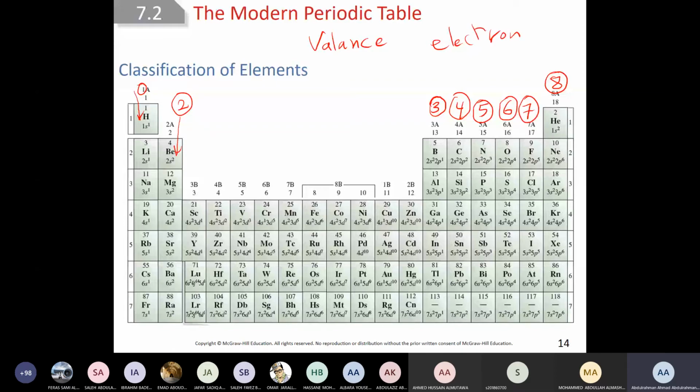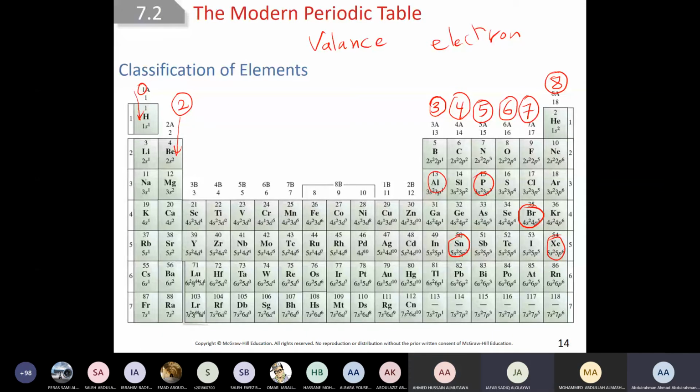What's the valence electron for Br? 7. What's the valence for Sn? 4. Exactly. What's the valence for P? 5. What's the valence for xenon? 8. What's the valence for aluminum? 3.